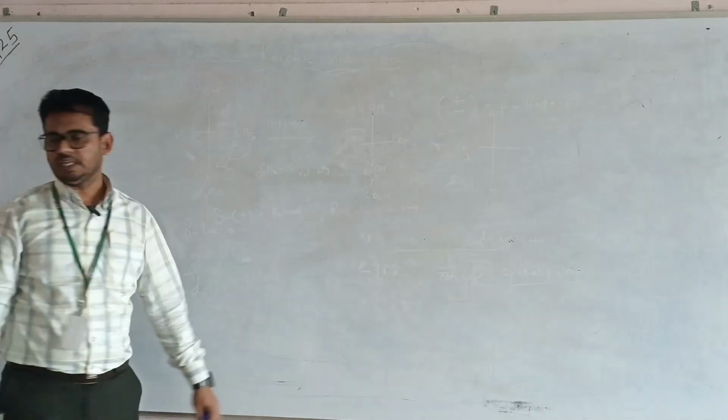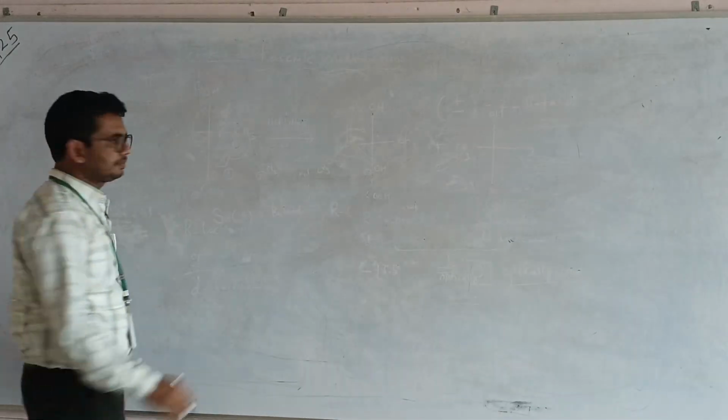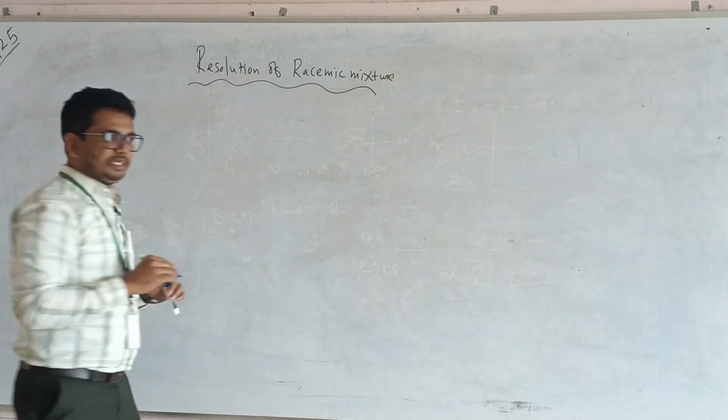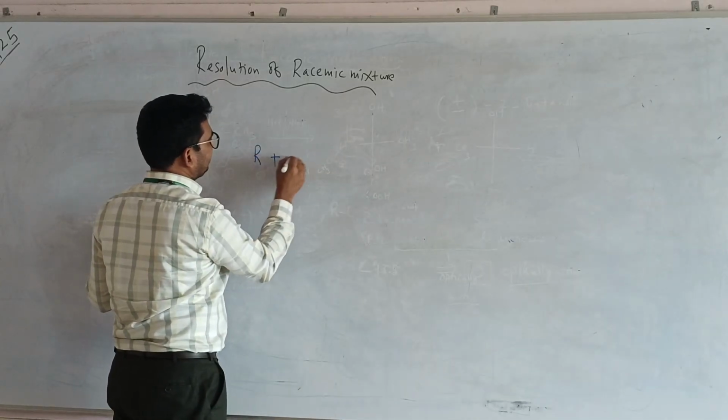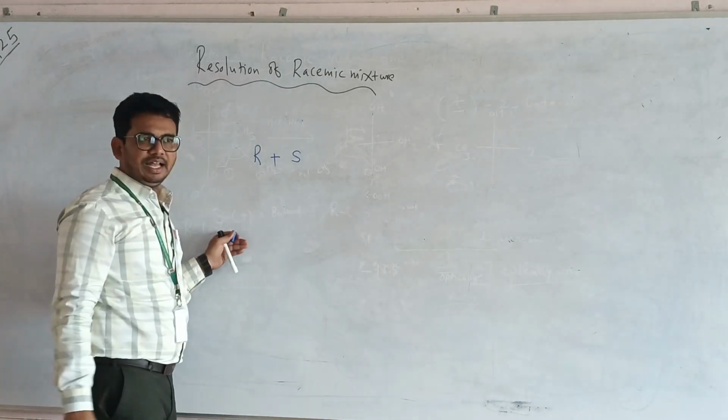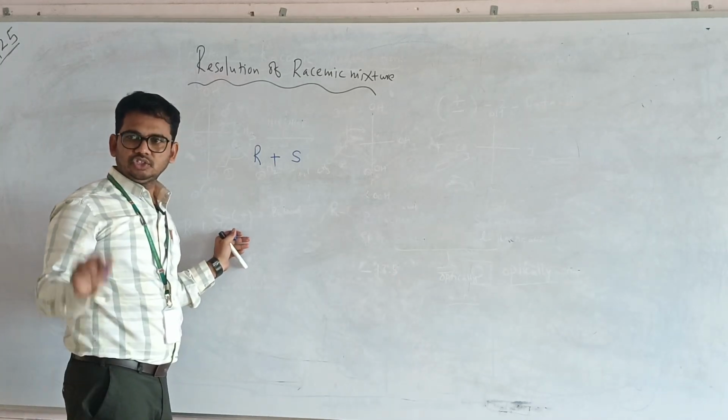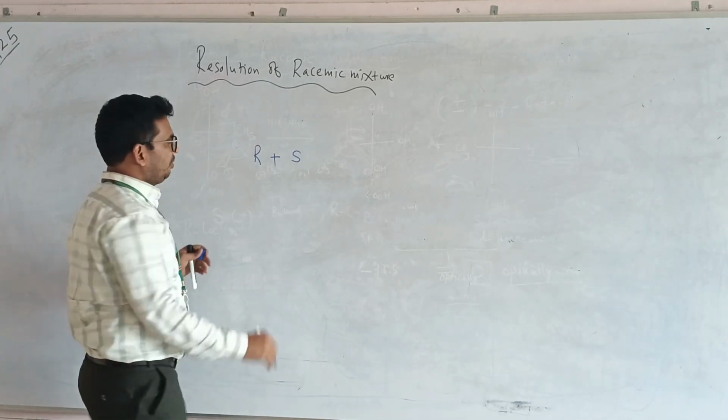Write down resolution of racemic mixture. Racemic mixture means what I told? A mixture containing the two enantiomers. One is R, another one is S. How many enantiomers? Two enantiomers.